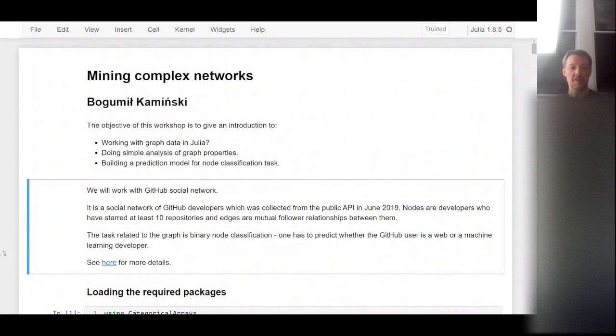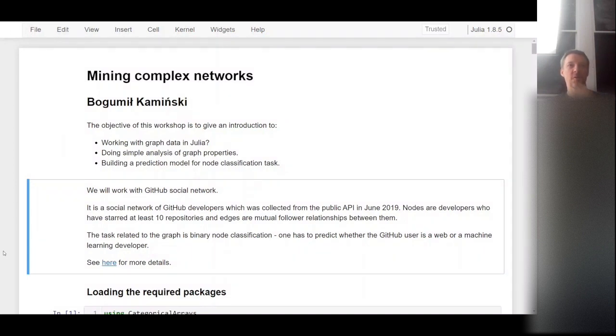Now, what is the ultimate task that we will want to solve today? So for each developer, there is information about what is the speciality of this developer. And this speciality for the purposes of this task is divided into two types.